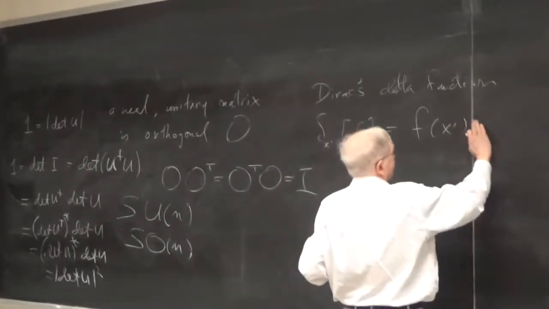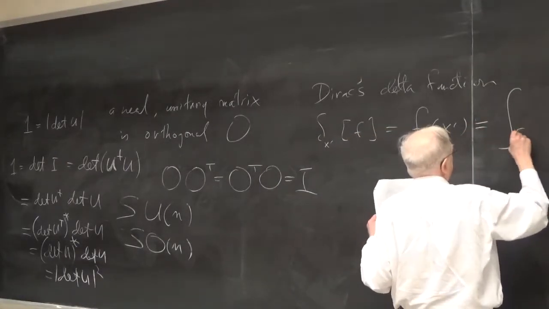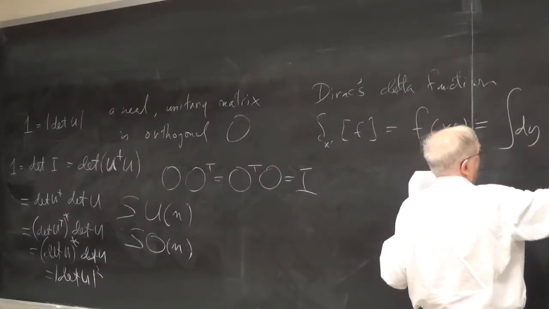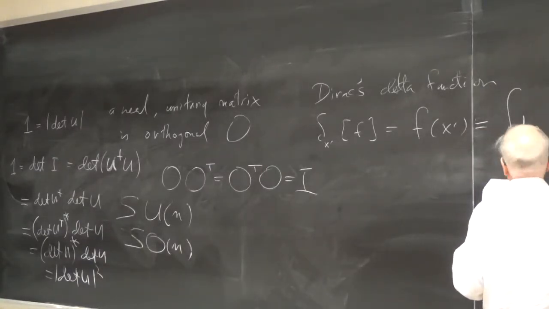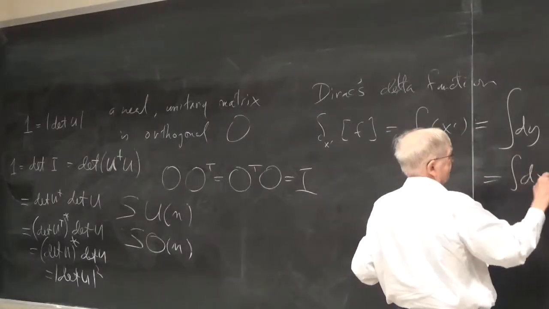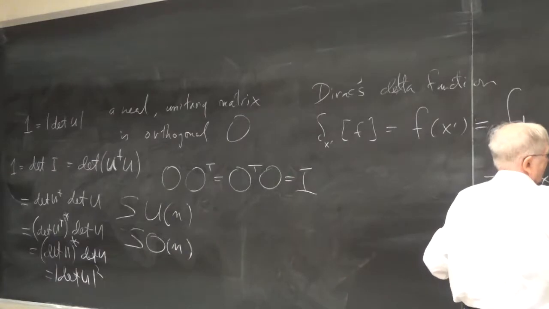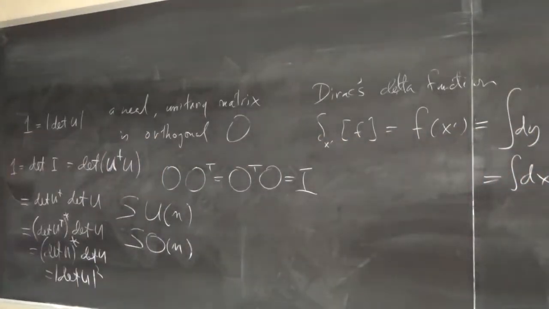And physicists write this as an integral, let us say, dx f of x delta of x minus x prime. I don't know why I switched to y, that was just silly.